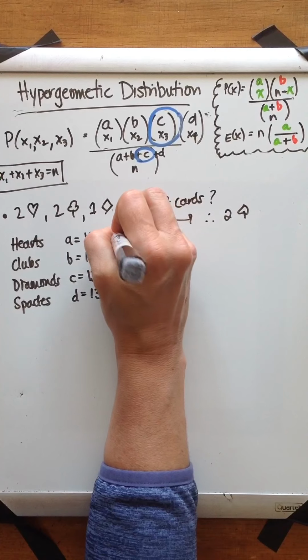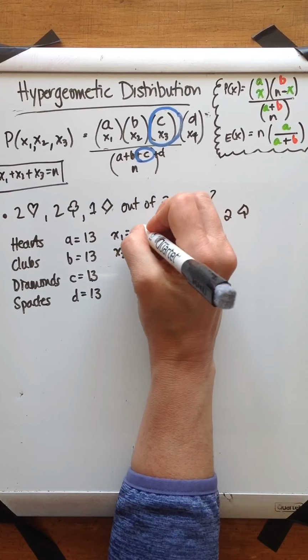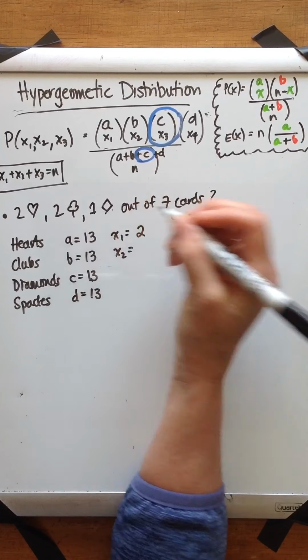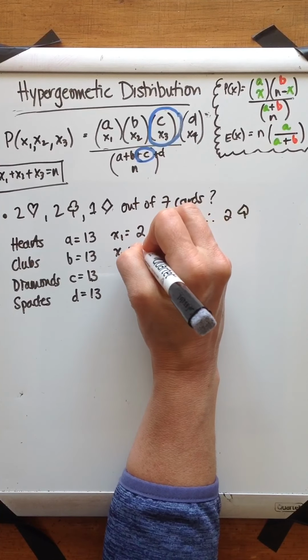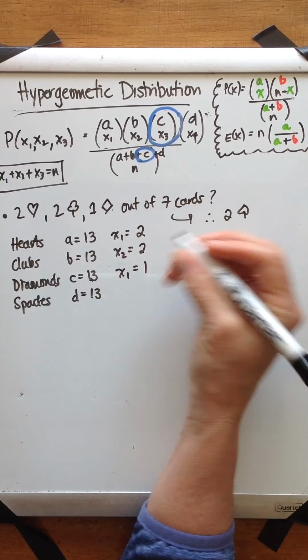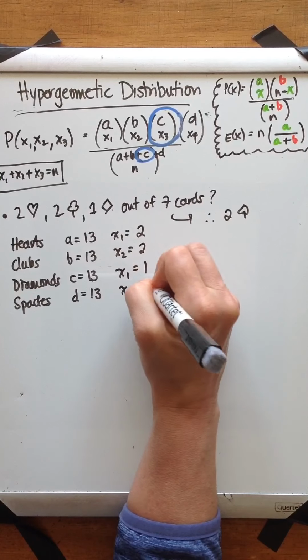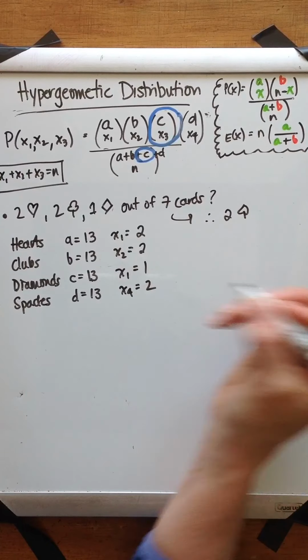What is the actual number of successes that we get out of those possible 13? Well, we're told that we get 2 out of 13. We get 2 chosen from the 13 for clubs. We get 1 chosen from the diamonds, and we get 2 chosen from the spades.